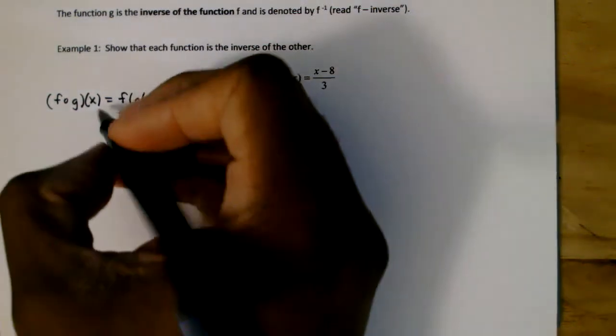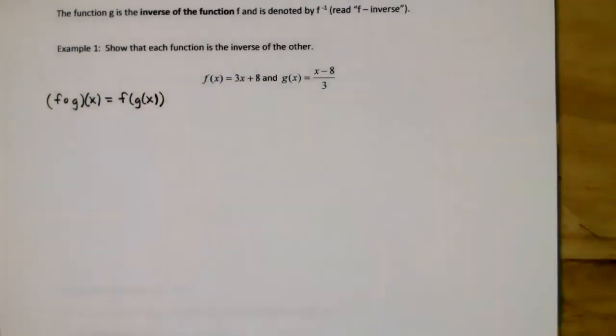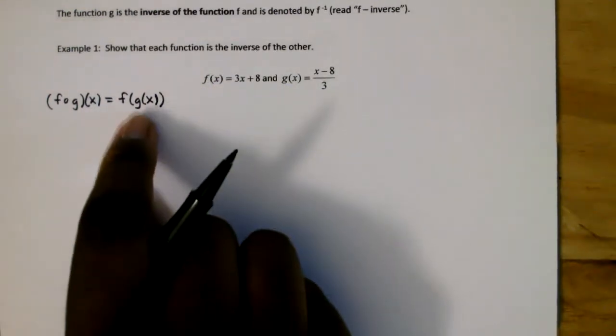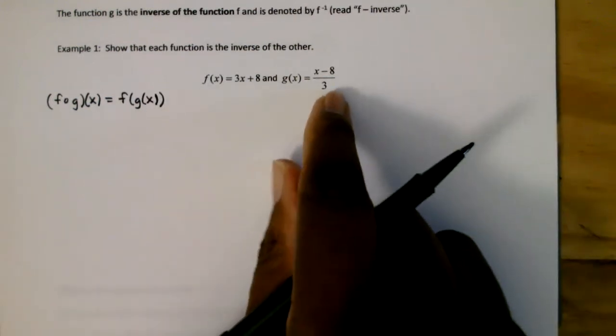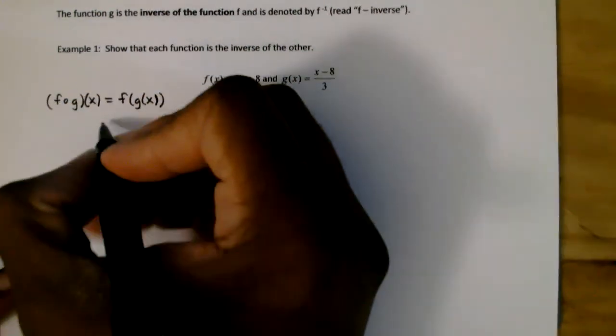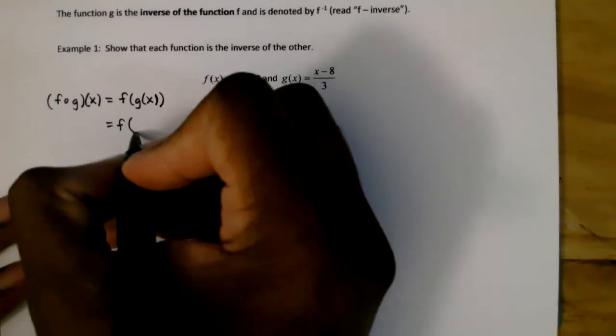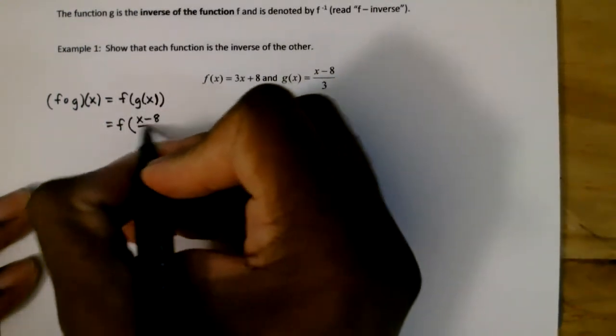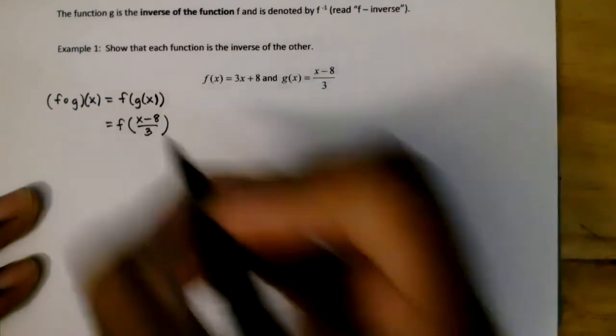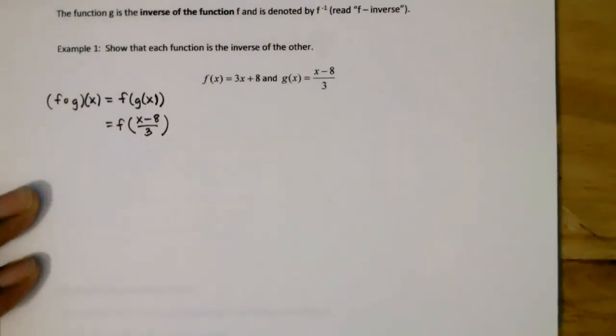So in this case, f circle g of x is the same as f of g of x. Here your g of x is your inside function, and g of x is x minus 8 over 3. So I'm going to replace the g of x with x minus 8 over 3. So I'm going to be evaluating f of x minus 8 over 3.